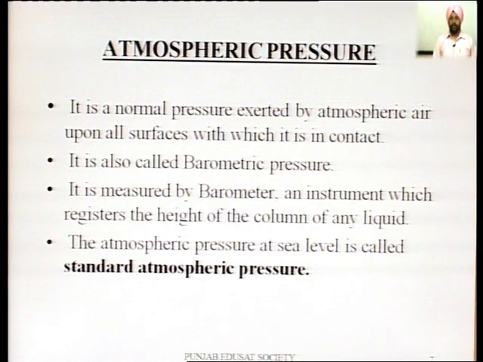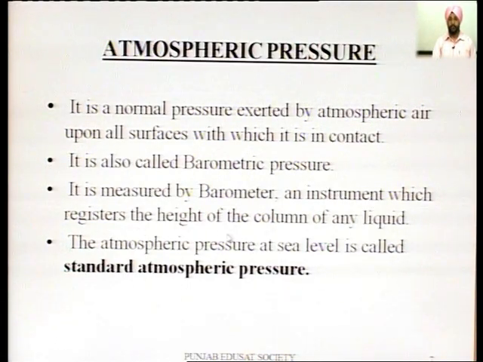So the normal pressure which the atmospheric air is exerting on us is the atmospheric pressure, also called the barometric pressure, measured by an instrument called the barometer. Regarding the barometer, one interesting thing is that this instrument registers the height of the column of a liquid.